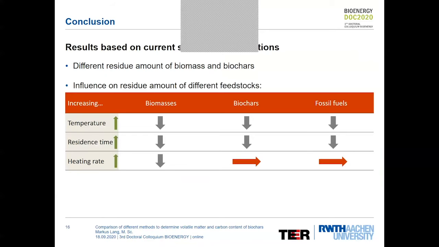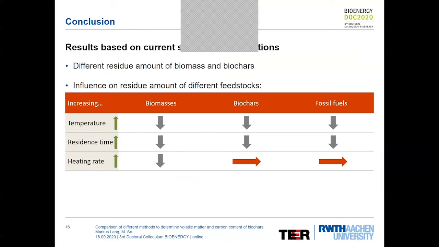And we investigated the influence of different parameters, in this case temperature, residence time, and heating rate. And as you can see, with an increasing temperature and residence time, you have in all cases a lower residue amount for biomasses, biochar, and also fossil fuels.